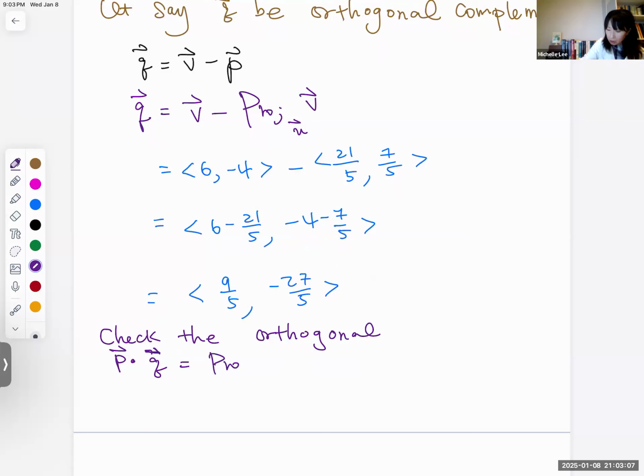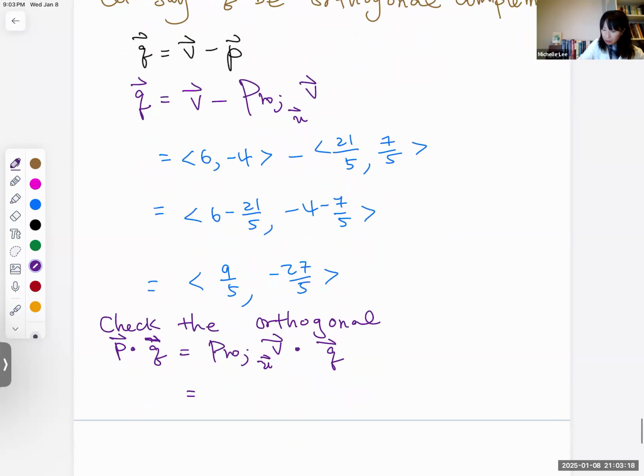Same as the projection of vector V onto U, dot with the Q we just found. So here you go: 21 over 5, 7 over 5, dot product with 9 over 5, negative 27 over 5.